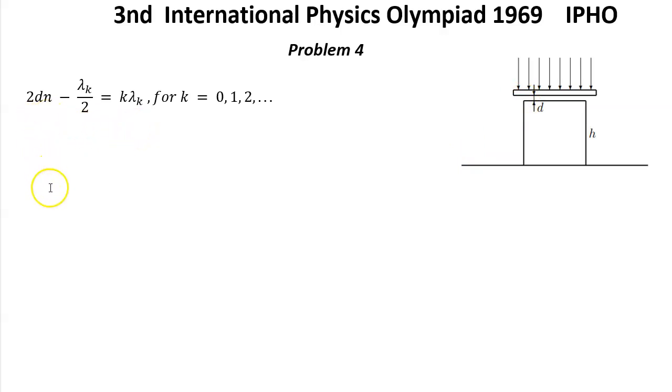But because n equals 1, we finally have 2d equals (2k plus 1) multiplied by lambda_k over 2. Here d is the thickness of the layer, we assume that n equals 1, and k is the order of the maximum.